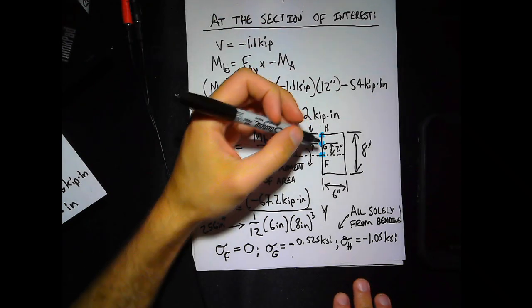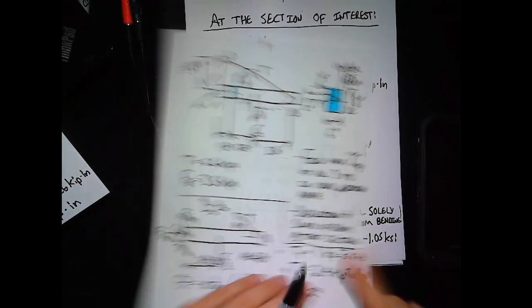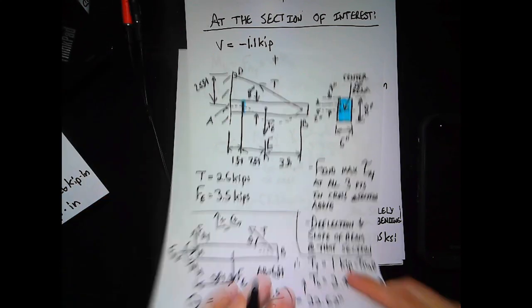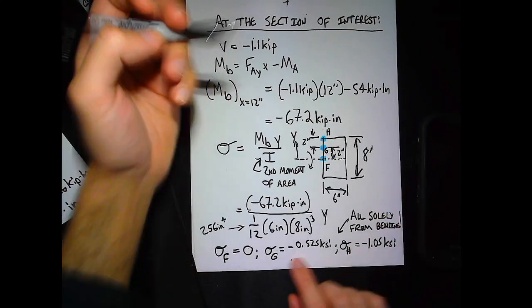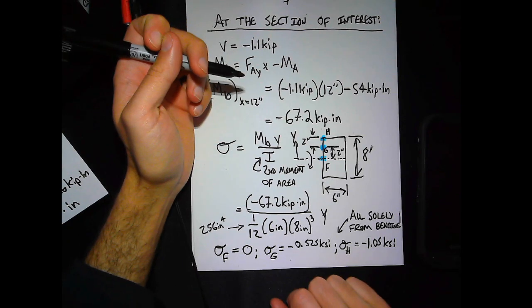In this case, I'm assuming that up is towards the outside of my curve, and I'm getting this negative stress, which is kind of interesting.